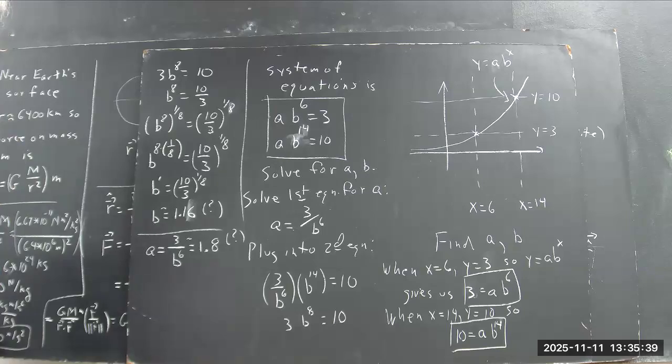1.16 to the sixth power. I'm thinking it's a little less than 2. A number a little less than 2 divided into 3 is a little more than 1.5. But I'm looking at the calculator and it looks right.